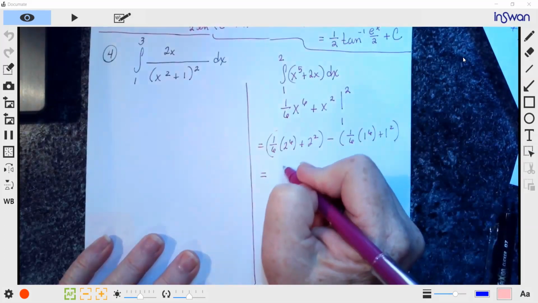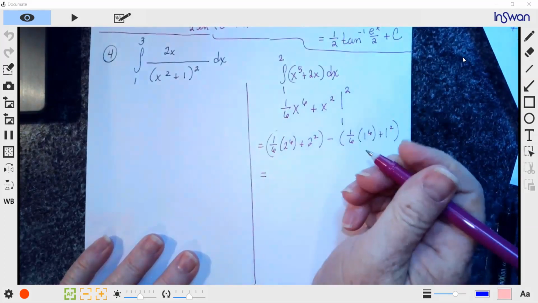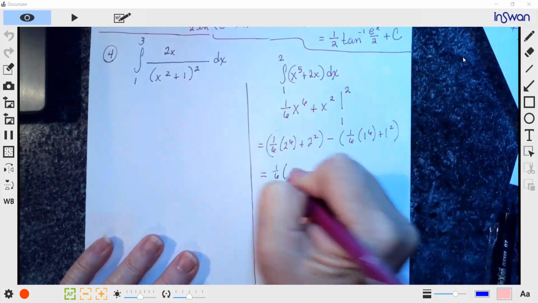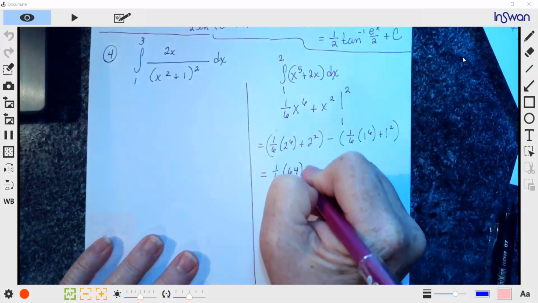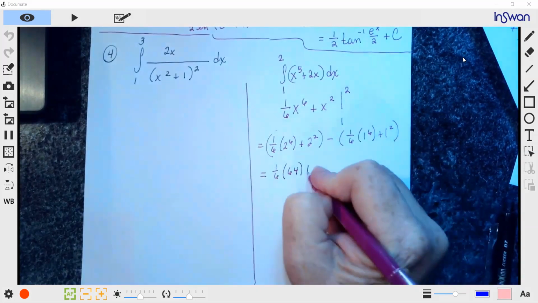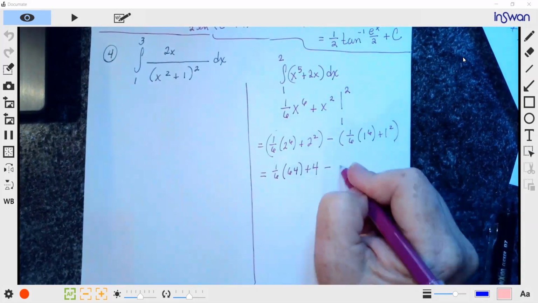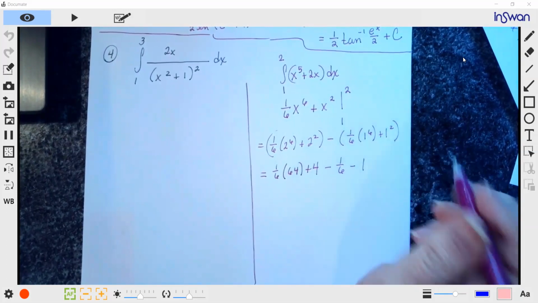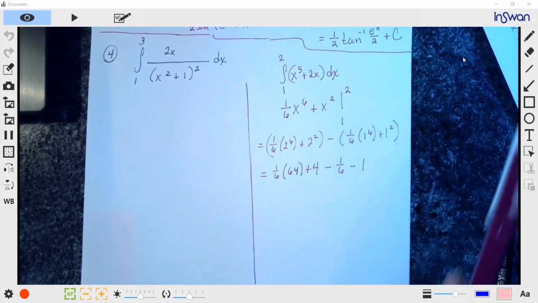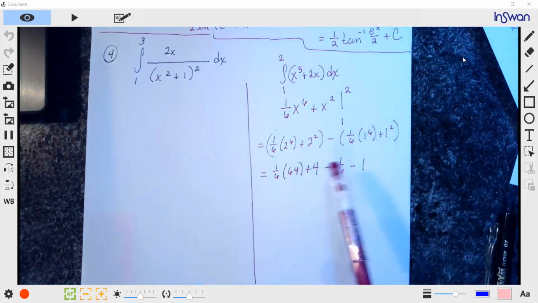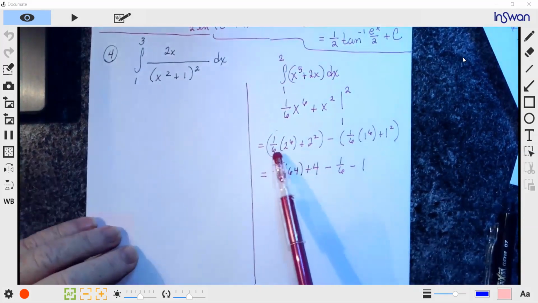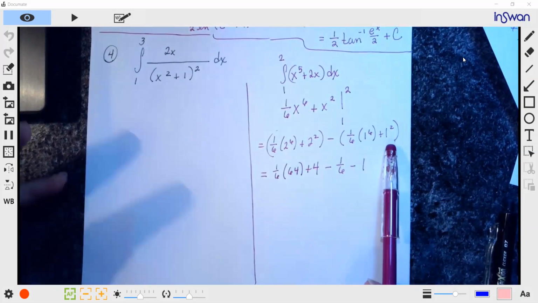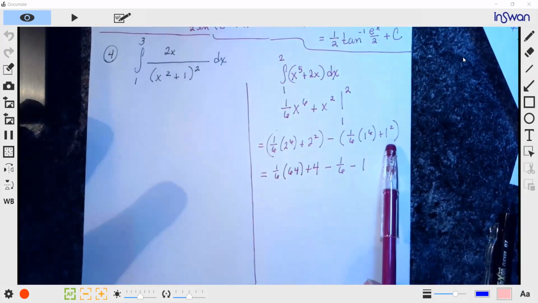So we would have 2 to the 6th is what? 64? plus 4 minus 1/6 minus 1. Now, one thing you want to keep in mind on these, and for those of you that do have a graphing calculator, I would still expect to see this step, even if you're plugging it into your calculator.